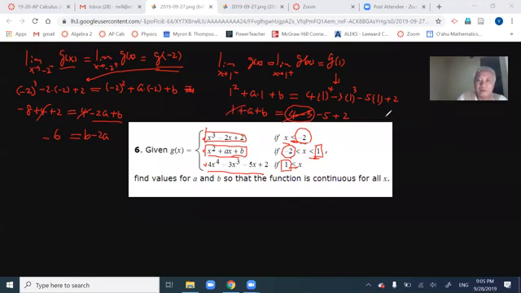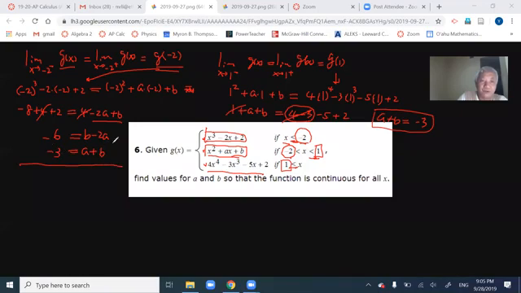And then you have a plus b equals -3. See that? Okay, now I'm going to put this equation here. So I have a plus b equals -3.